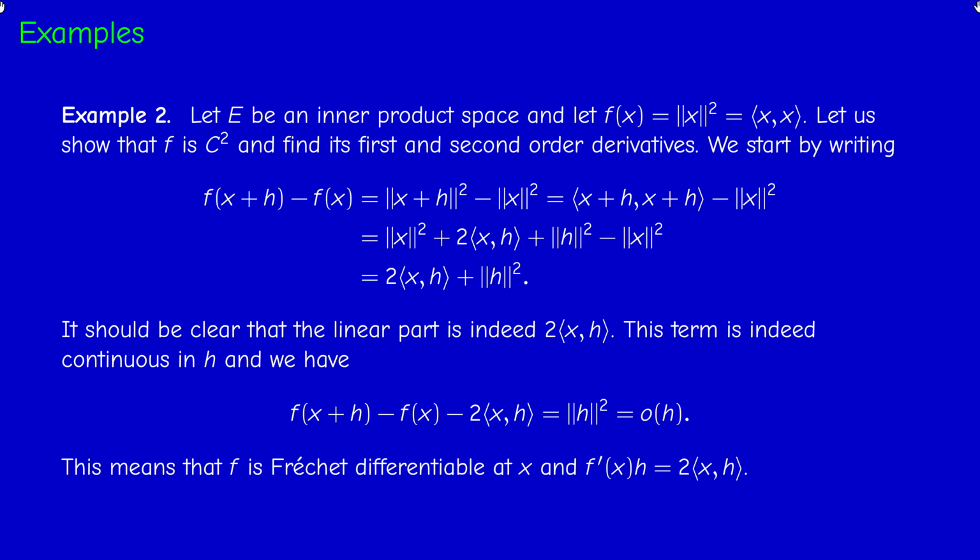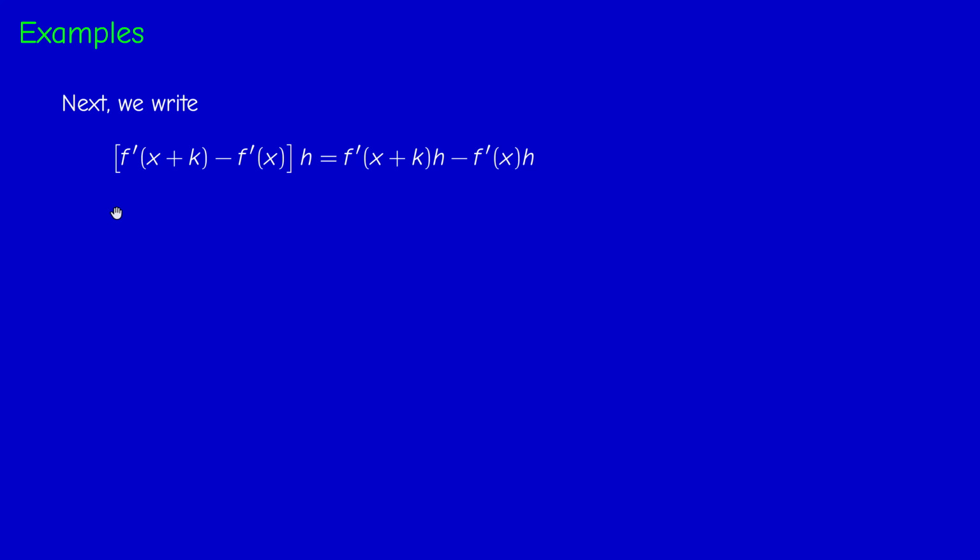Okay, and now I'm going to do the same thing with f prime. So I have to take f prime of x plus another increment that I need to call k, because we have two increments, as you know, h and k. So I evaluate this increment in k. So f prime of x plus k minus f prime of x, but I evaluate it at h, you'll see why. So this gives me the derivative at x plus k in the direction h minus the derivative at x in the direction h.